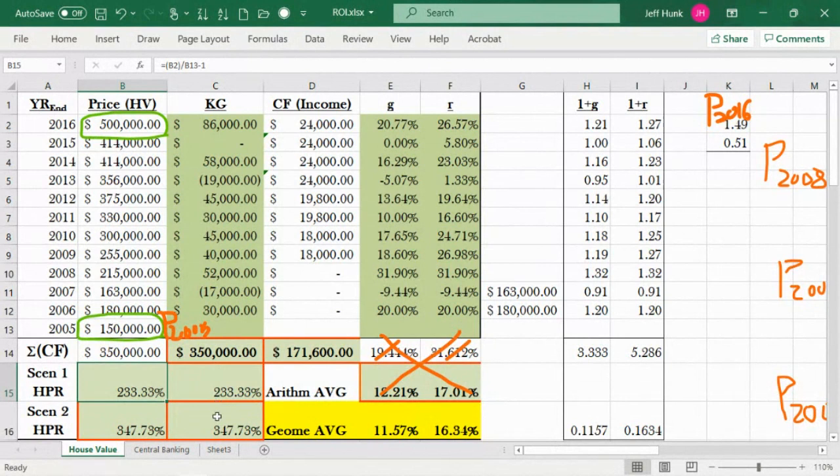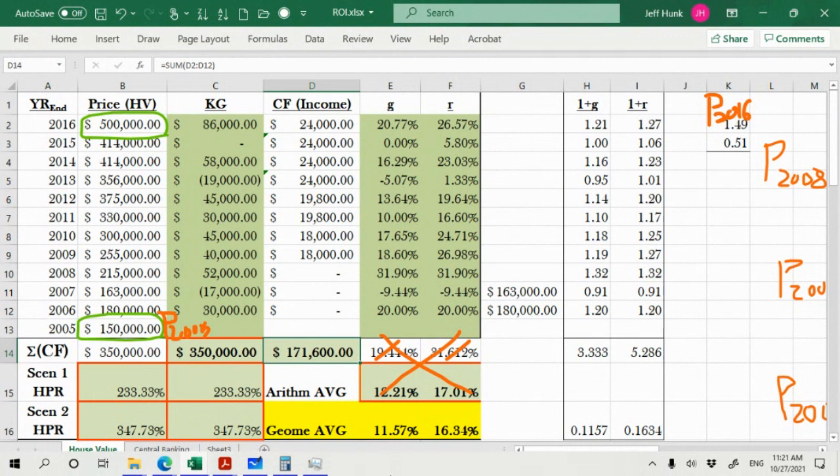But in scenario two, you have not only capital gains, but also the rental income. The rental income, the additional cash flow during this period, the sum of all of that was almost 172K. I won't read out the exact number because it will take time, I'll just use the approximation, 172K.